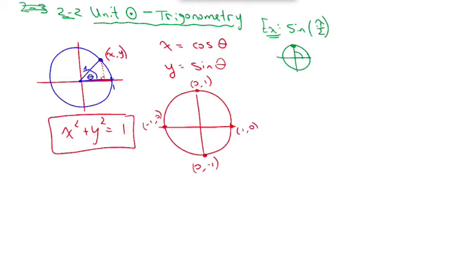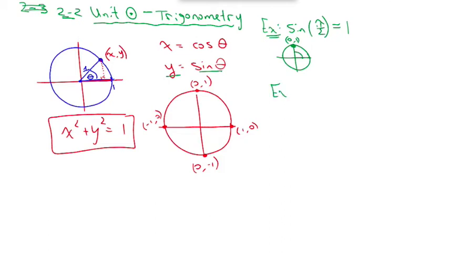What's the coordinate of this point? 0, 1. And which coordinate is represented by sine? Y. Since sine is equal to y, it's the y coordinate on a unit circle. Be careful, it has to be a unit circle. It can't be any others. So what is this equal to? It's 1, because it's the second coordinate in that location.